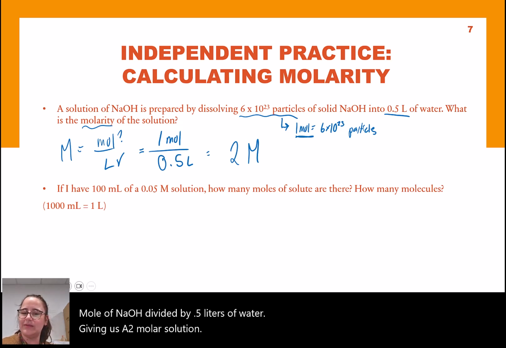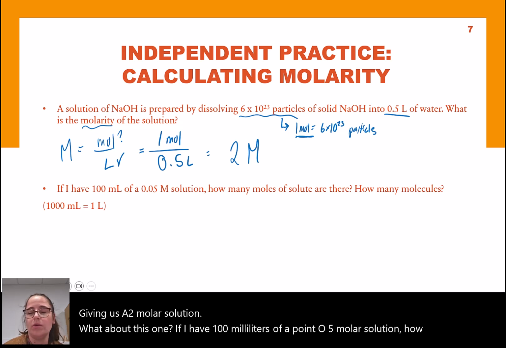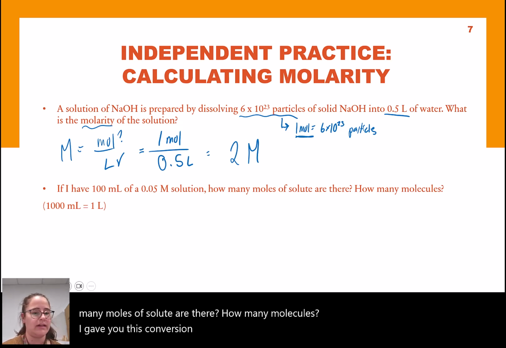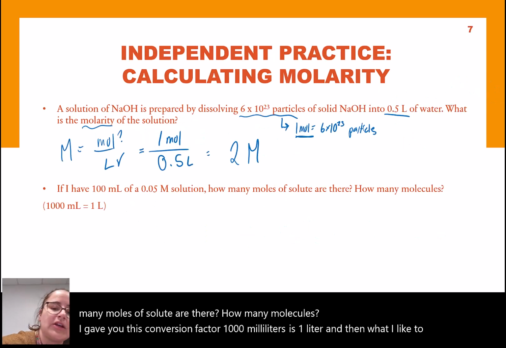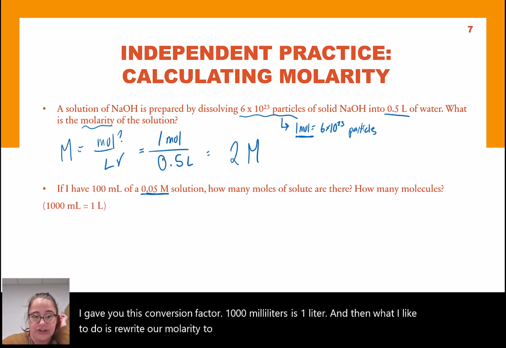Ooh, what about this one? If I have 100 milliliters of a 0.05 molar solution, how many moles of solute are there? How many molecules? Well, I gave you this conversion factor. 1,000 milliliters is 1 liter. And then what I like to do is rewrite our molarity like a conversion factor.